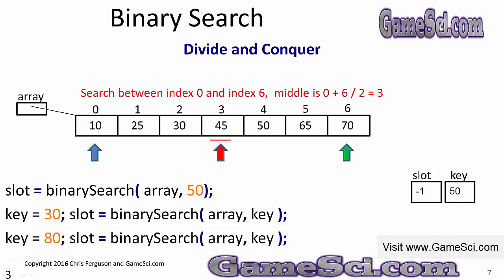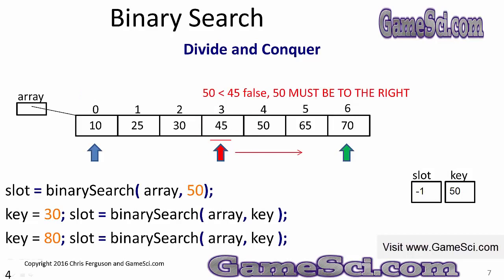If I calculate the middle of my array and compare 50, what I'm looking for, to 45, 50 less than 45 is very much a false statement. When my target is not less than the middle item, 50 must be to the right of the array. Look closely here. I'm looking for 50. It must be, because this is sorted data, on this side of the array.